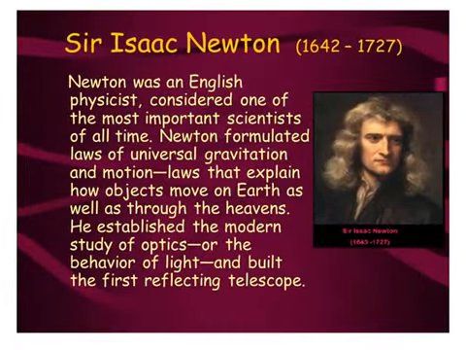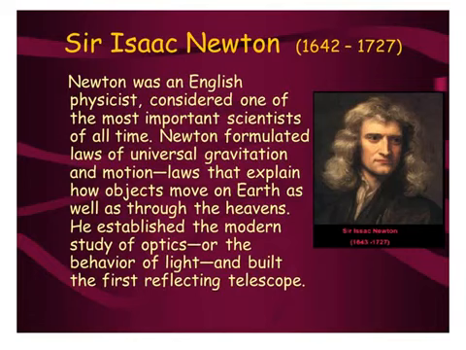So, from the previous slide, we have concluded that Sir Isaac Newton was the scientist who gave the correct explanation for the attraction of an object which falls towards the earth. Let us learn about him. Newton was an English physicist considered one of the most important scientists of all times.